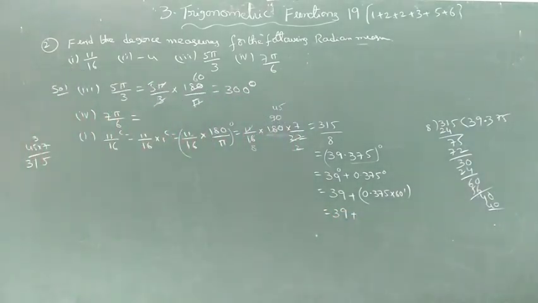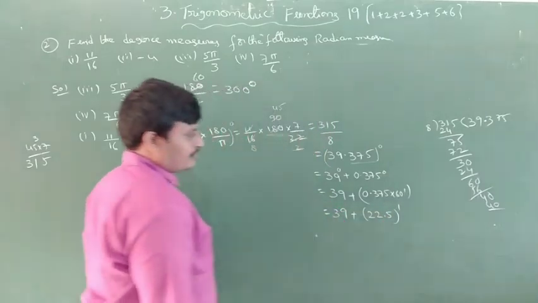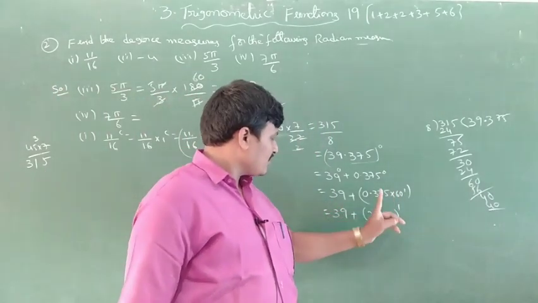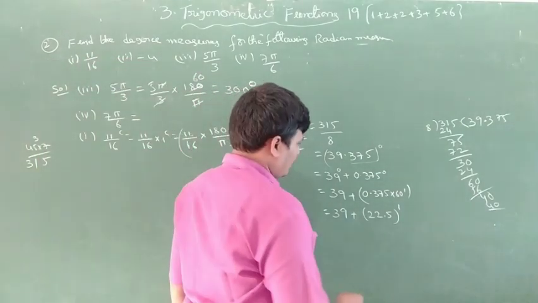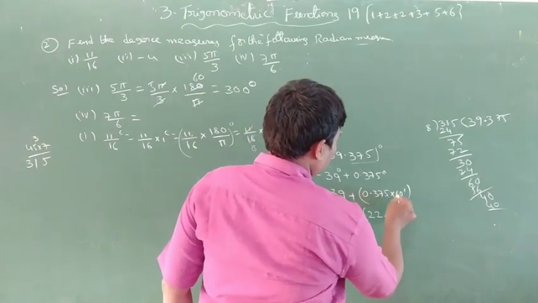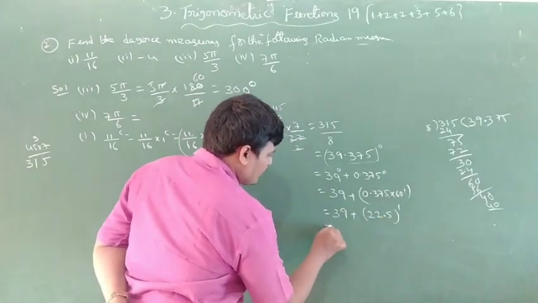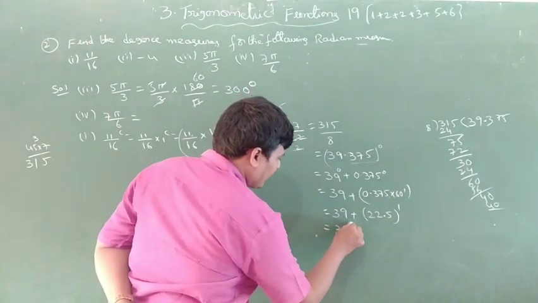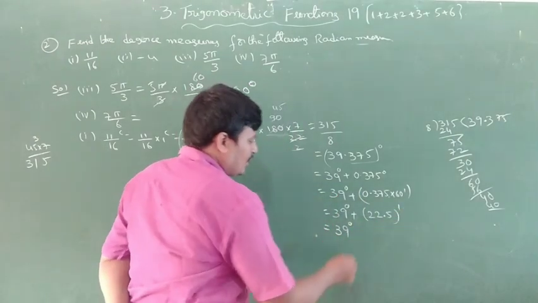Multiply 375 into 60, this is 22.5 minutes. So 22.5 means what? 39 degrees, this is the degree, plus 22.5 minutes.